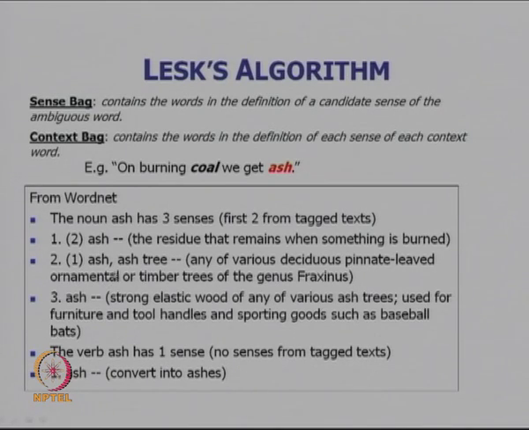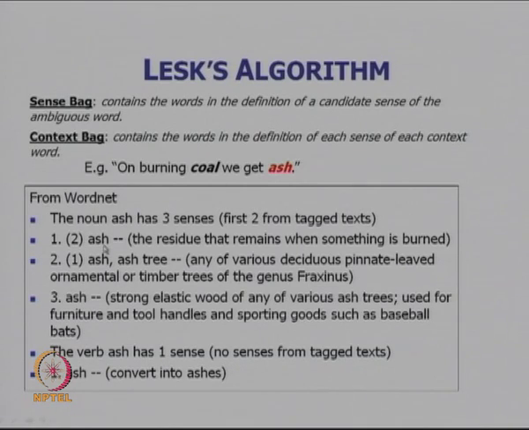Second sense is ash as ash tree: any of various deciduous pinnate leaved ornamental or timber trees of the genus Fraxinus. So, this is the tree sense of ash. This was the residue sense of ash. The third sense is strong elastic wood of any of various ash trees used for furniture and tool handles and sporting goods such as baseball bats. So, here ash has the sense of wood. So, what are the three senses?